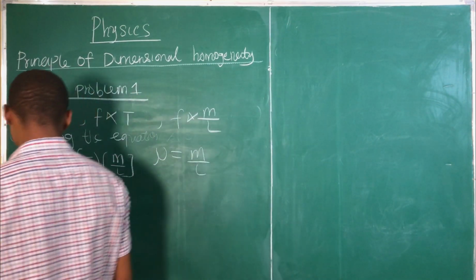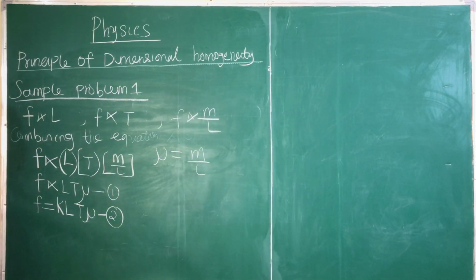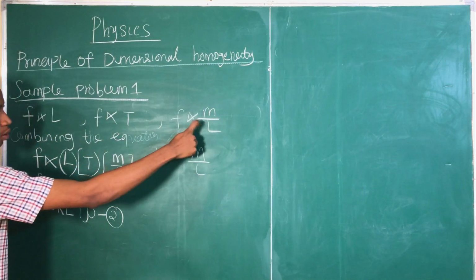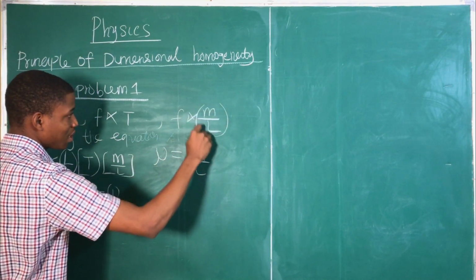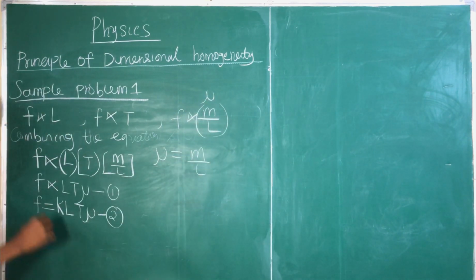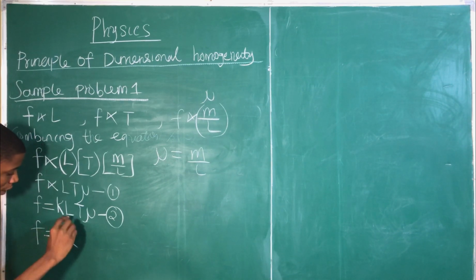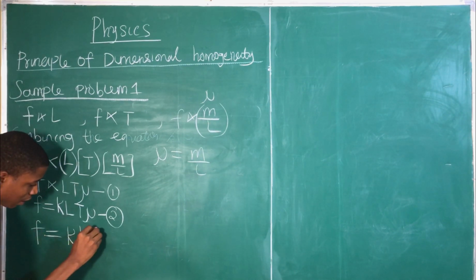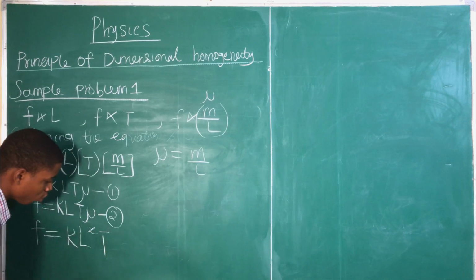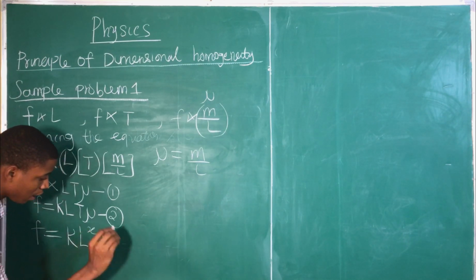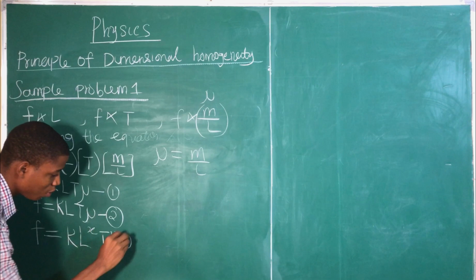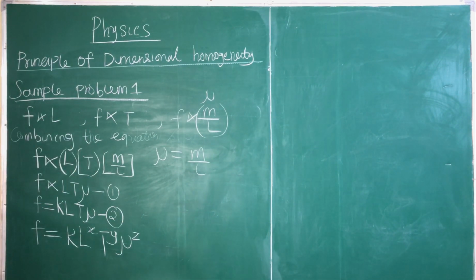So we're going to assign an alphabetical letter to the dependent variables, which are the length, the tension, and mu. So we have k, we have length. Let's assign length as x. We have tension. Let's assign tension as y, and we have mu. Let's assign mu as z. So that's the concept of dimensional analysis.